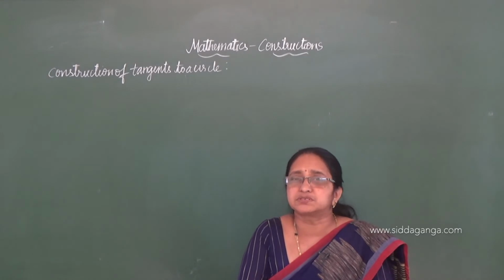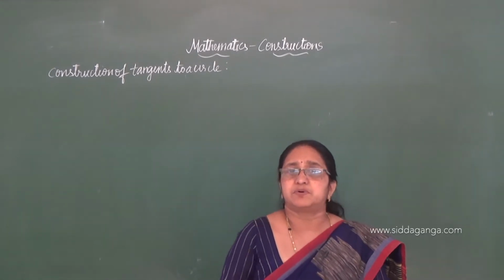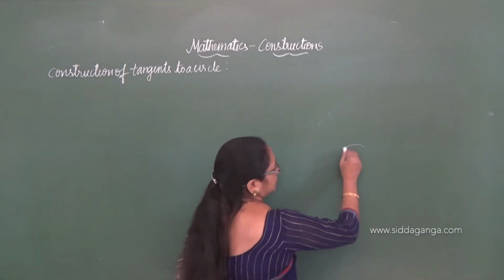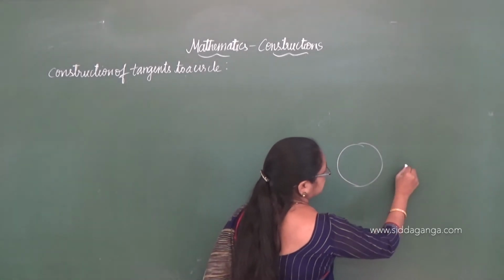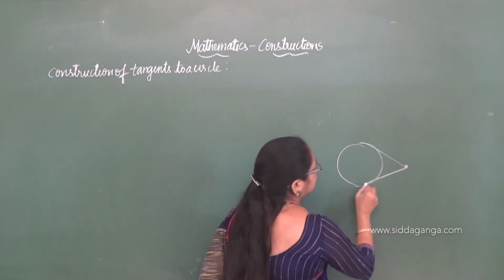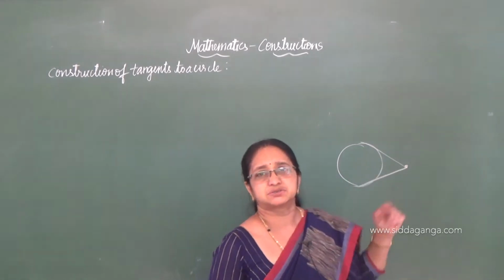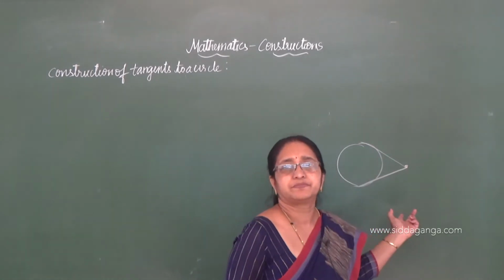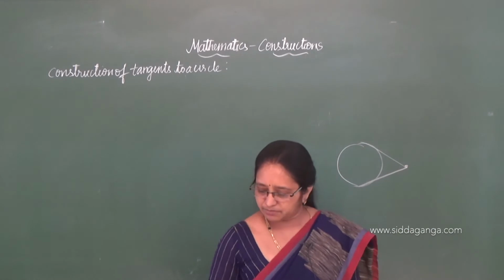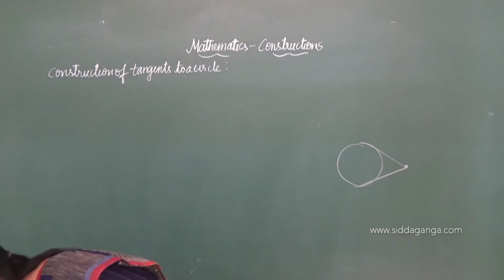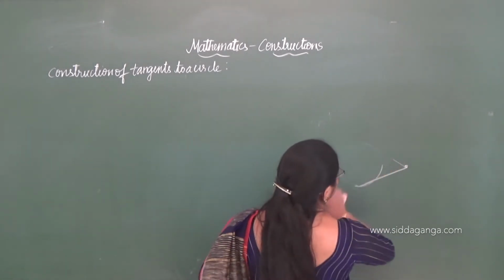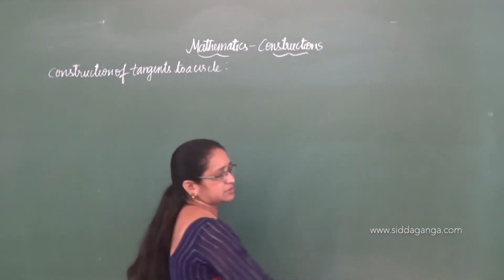And if the point is external, outside the circle, we can draw two tangents through it to the circle. I hope you all know this. Please try to recall what you have studied in the circle chapter.